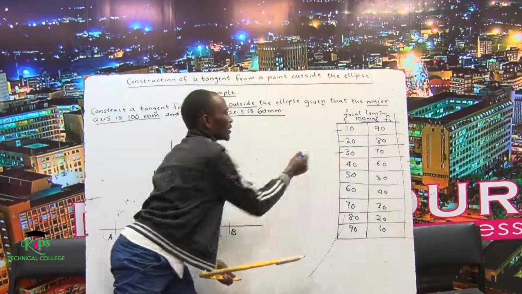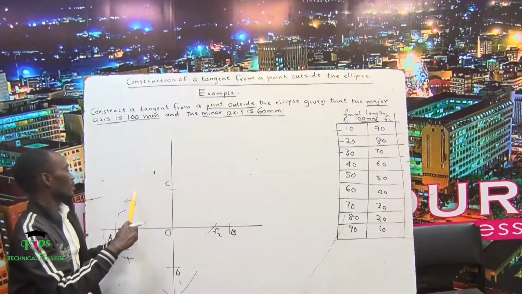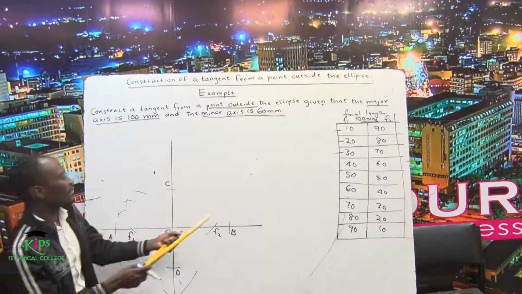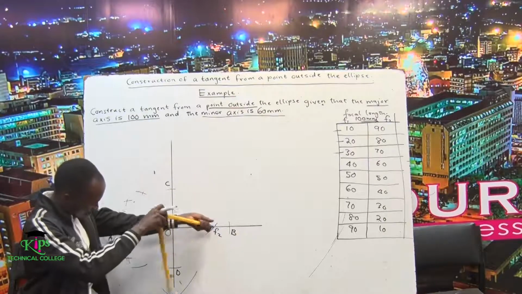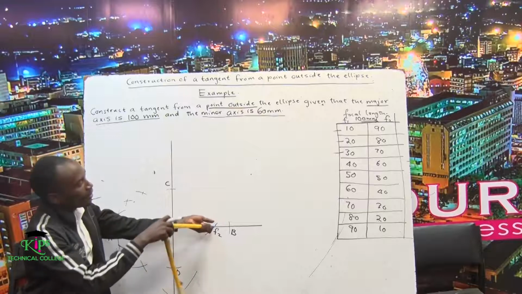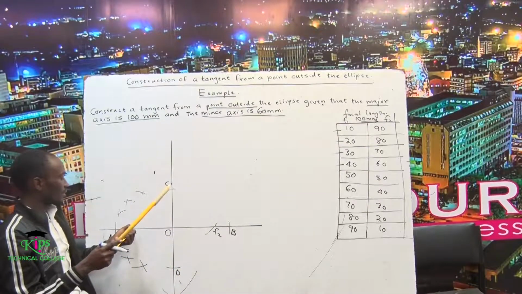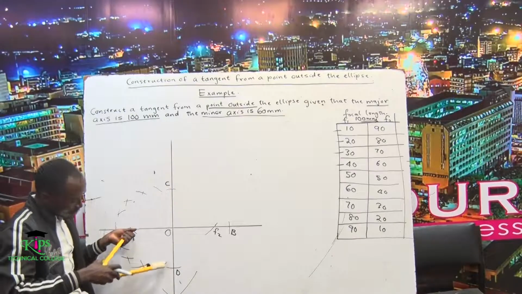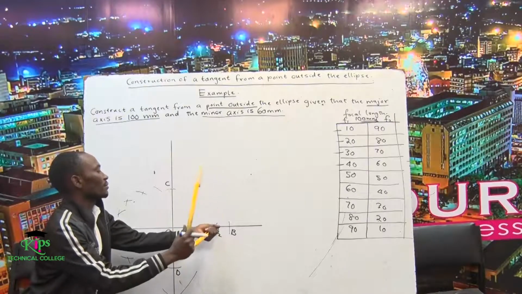Then we have 30 at F1, then 70 at F2, stretching to 70. Then we have 40 by 60: 40 millimeters, 60 at F2, measure 60.